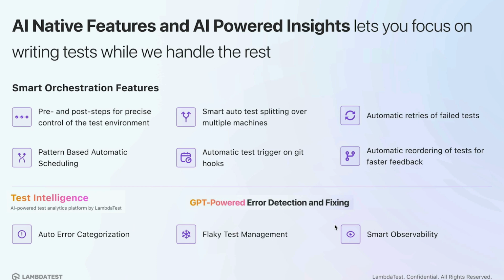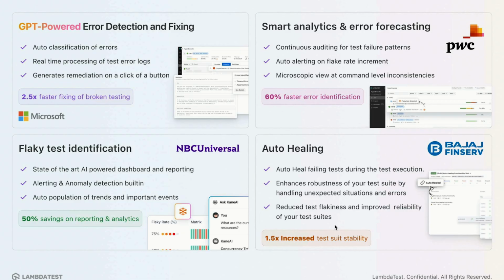If we talk about debugging and detecting what went wrong in your test cases, the platform automatically categorizes the test failures, gives you visibility on your flaky test cases, and observability on your test cases and how they have been behaving. We have GPT-powered root cause analysis, which helps you detect and fix test failures faster.